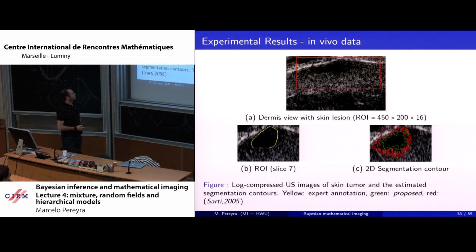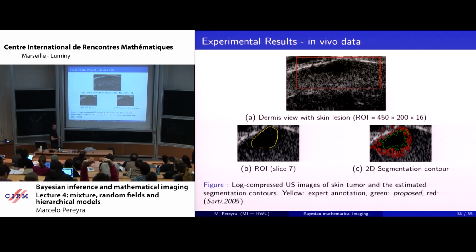And now I apply it to real images. So I have a real image, and I have expert segmentation of the tumor. So they do what we call potatoids. So they will draw something that looks like a potato in 3D. And we hope that our segmentation will be similar to that. And here in green, I have the 2D description of the segmentation that the algorithm finds just for the tumor.